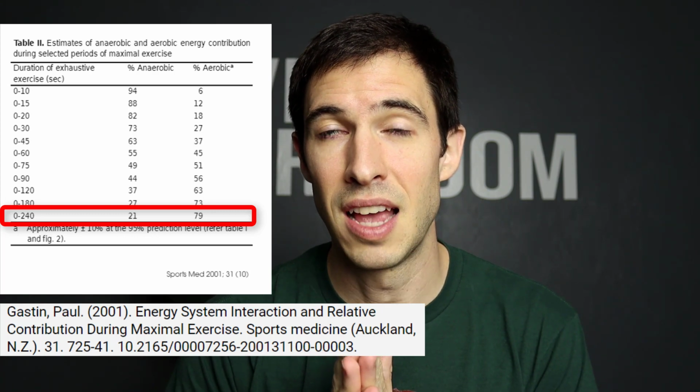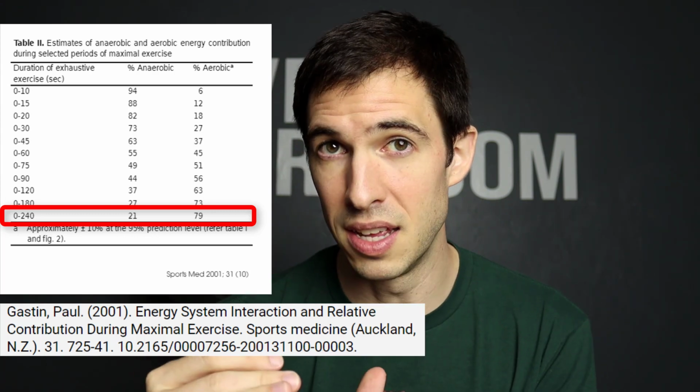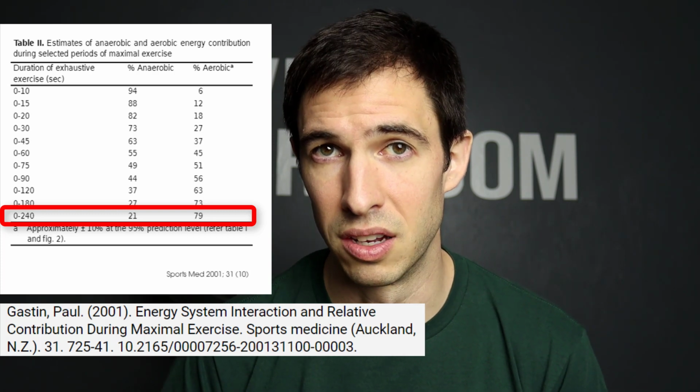Now, if that's happening in the first 4 minutes of maximal exercise, then what happens in a 5K that lasts, if you're elite, somewhere less than 15 minutes, or if you're somewhere in the middle, less than 20 minutes like myself, or if you're a total beginner and you're not as quick with those 5Ks, then 25, 30 minutes even.